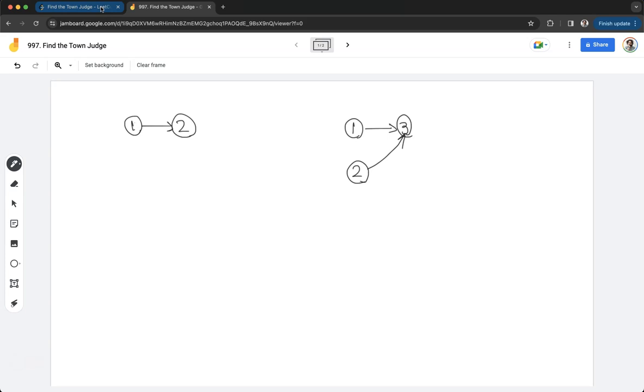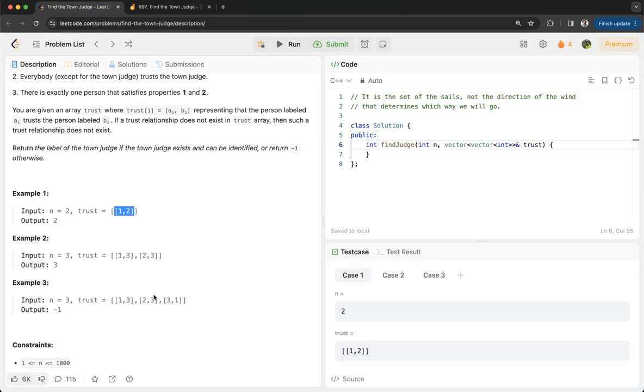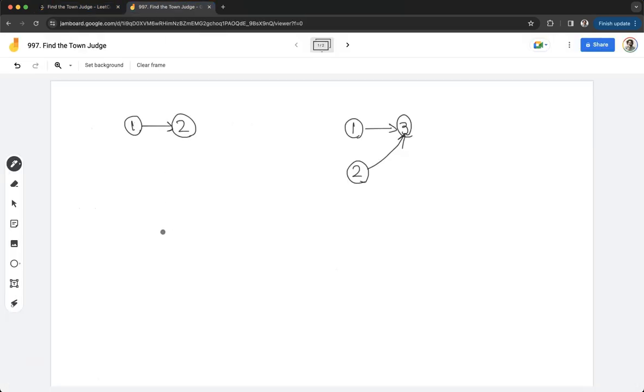And the last example is 1, 3, 2, 3, and 3, 1. So in this example, 3 is not the judge. Although everyone is trusting 3, 3 is also trusting someone else, which is not one of the conditions.